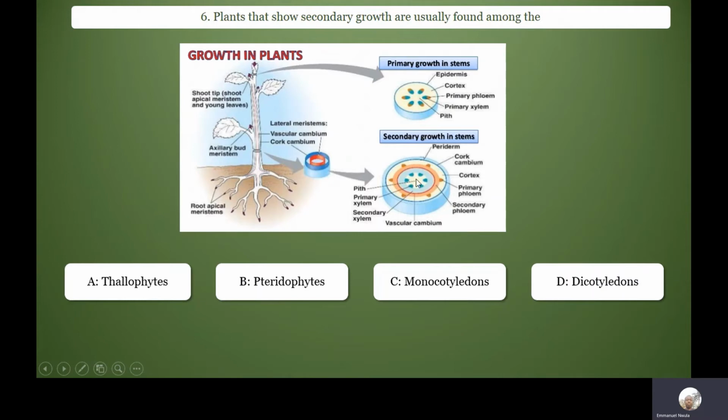Okay, when we talk about secondary growth in plants, we are talking about the increase in width, the increase in the horizontal size of the plant because of development of new xylem and new phloem tissues.